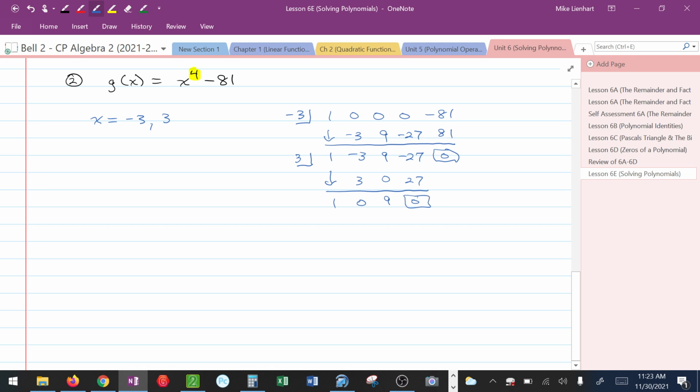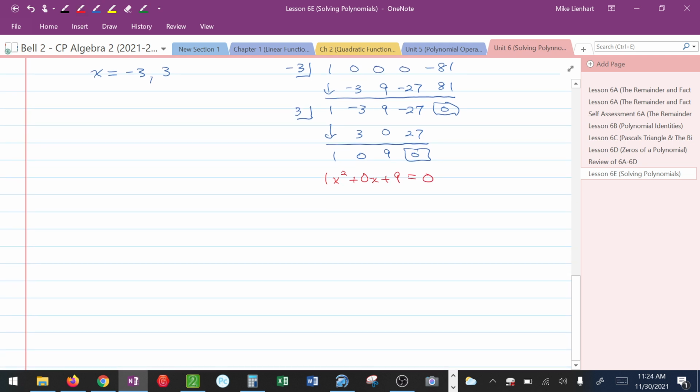If I don't get a 0 for the remainder, I did something wrong. I have confirmed that 3 was also a 0, but I still have 2 to find. Now, I started with x to the 4th, and I pulled 2 zeros out, which means this line really represents 1x squared plus 0x plus 9 equals 0.